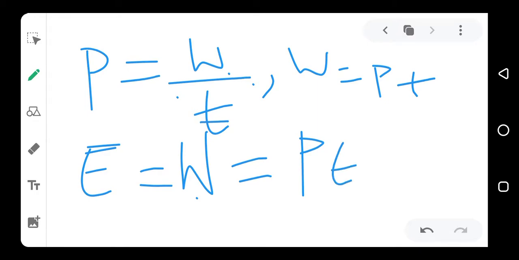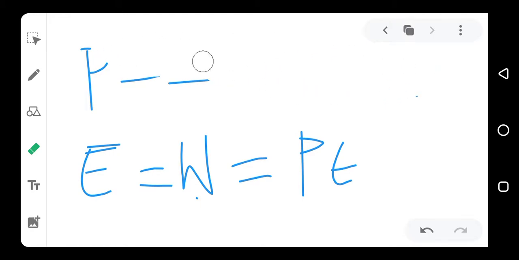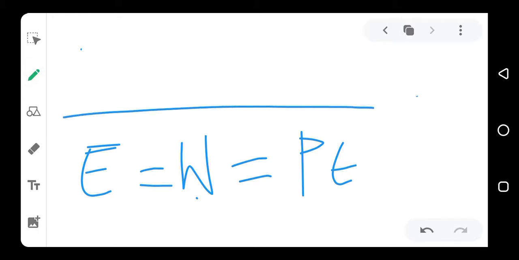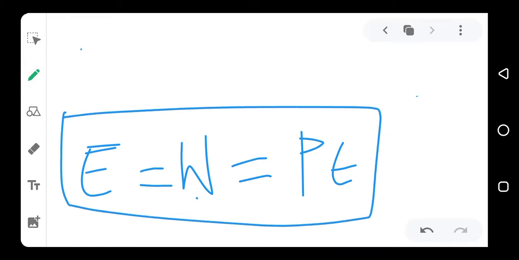So this is the relationship that exists between the three. We have to introduce time into it, where T is the time. Work is the same thing as power times time. P is power and T is time. So this is the formula that connects work, energy, and power.